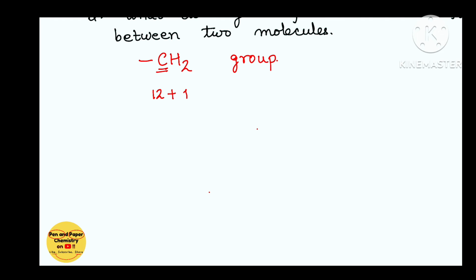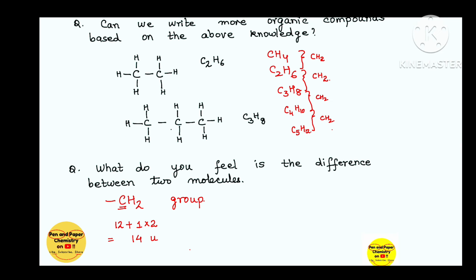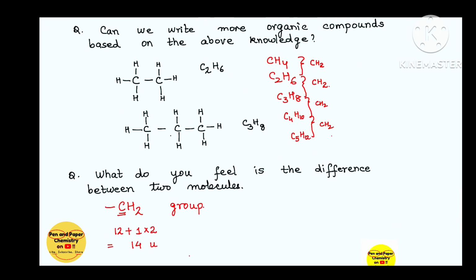Hydrogen, the mass number is 1. So that means each of these members differs from the previous one by a mass of 14 u. In case you are not familiar with this, don't worry. When you do the atomic mass and the molecular mass, you will be able to understand this. For now, let's move on to the next bit.